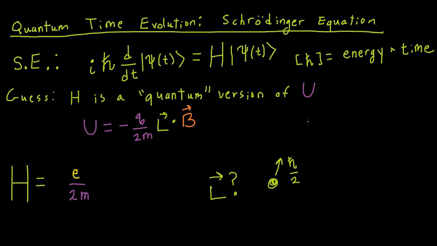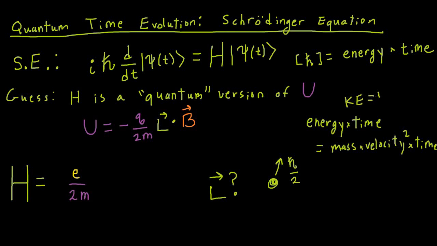So energy times time. Let's break this down. Energy has the units of mass times velocity squared, right? And you can see that, for instance, from the equation that kinetic energy is equal to 1/2 mv squared. This is the equation I always think about when I try to remember what the units of energy are.